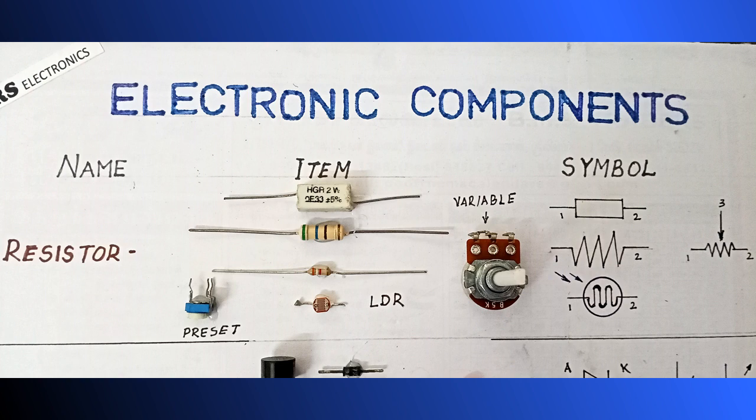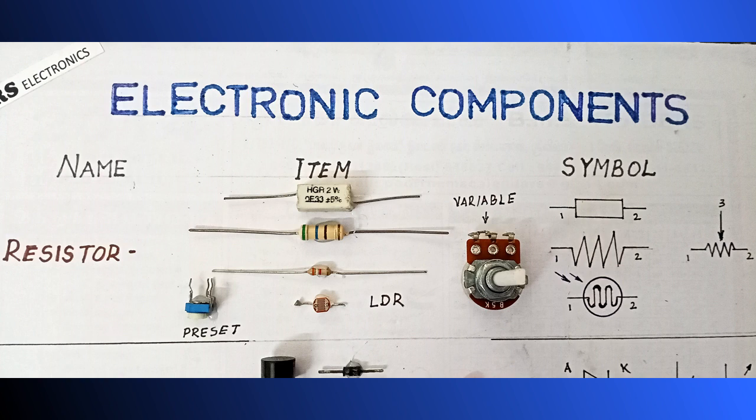The first, white in color, is a 5 watt resistor. Then you see a 2 watt resistor, then a quarter watt resistor. You have half watt also, and likewise different wattages, 1/8 watt also.